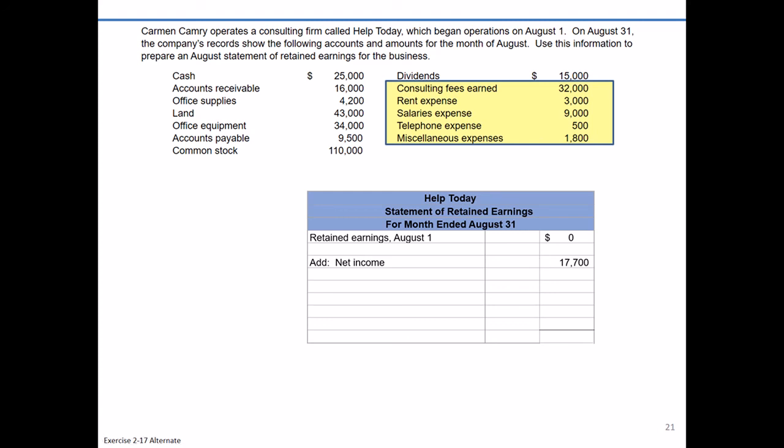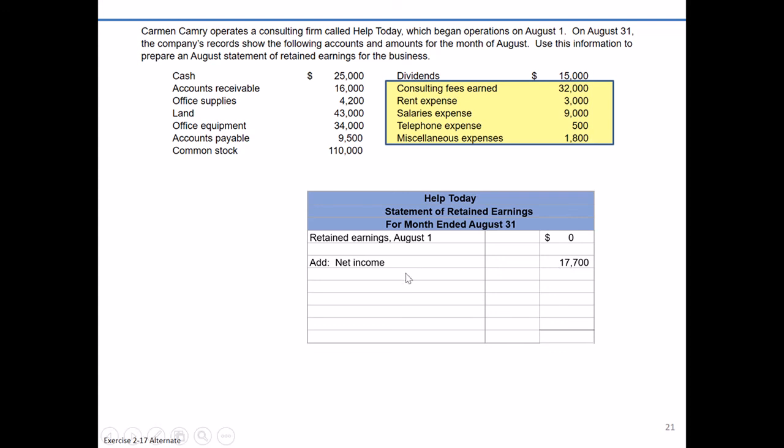That's our overall profit: the amount our revenue exceeded the cost or expenses of earning those particular revenues. Now, had expenses exceeded revenues, it would have been a net loss. And instead of adding to the retained earnings in the business, it would have taken away earnings, so it would have been a subtraction.